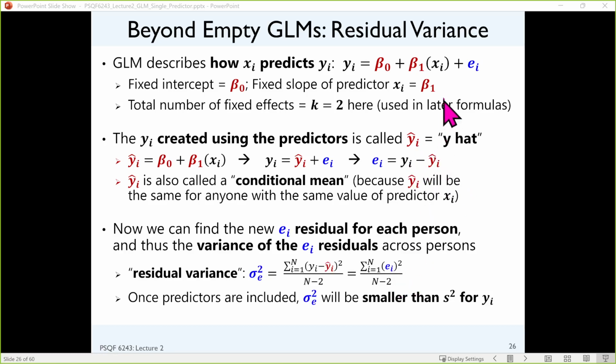The most important part of trying to decide how good of a job we've done with this slope predictor is talking about what happens to the collection of e's across people before we include it versus after.